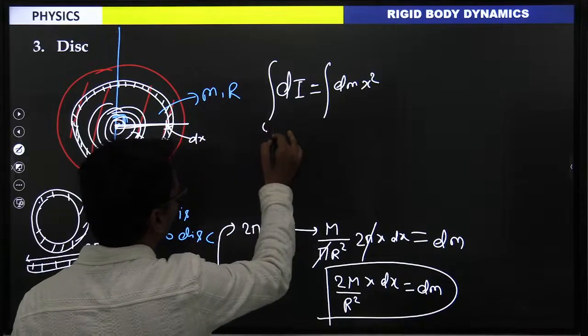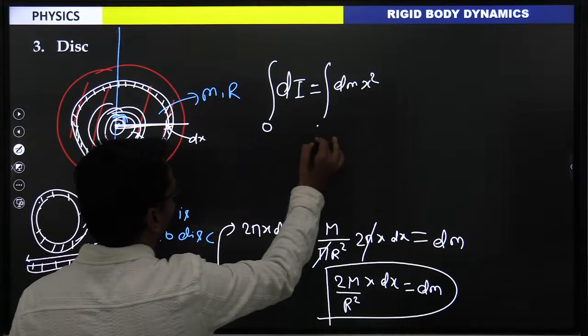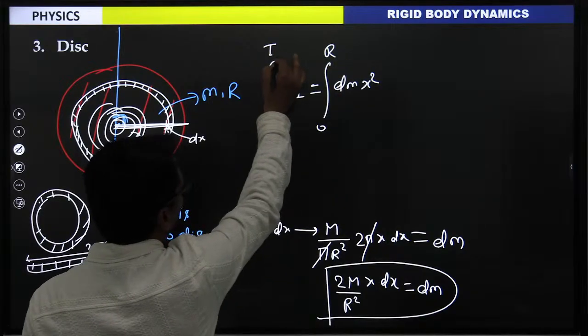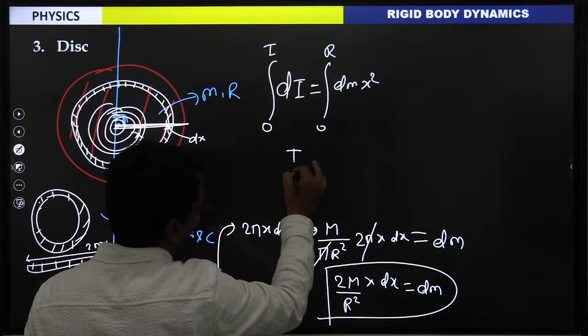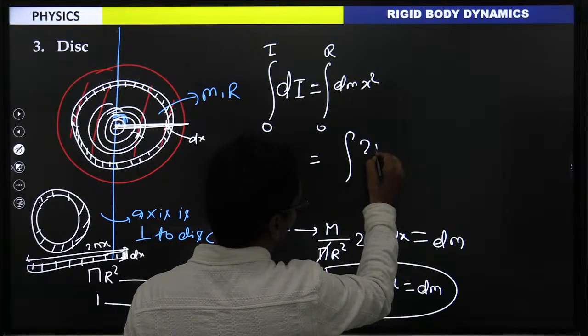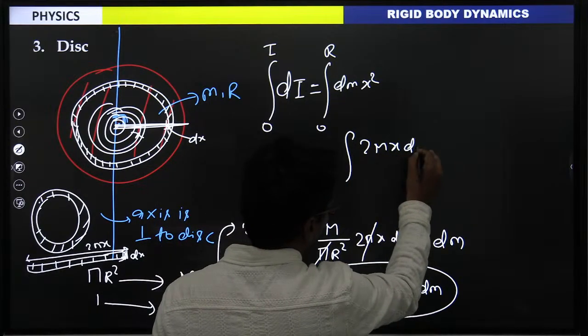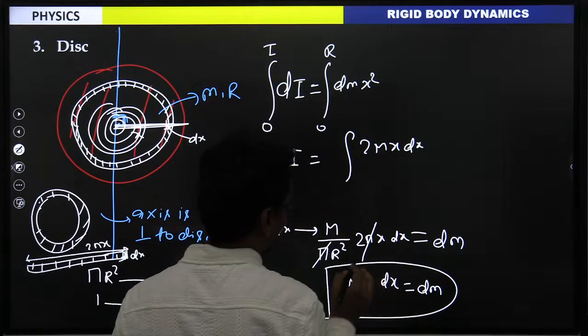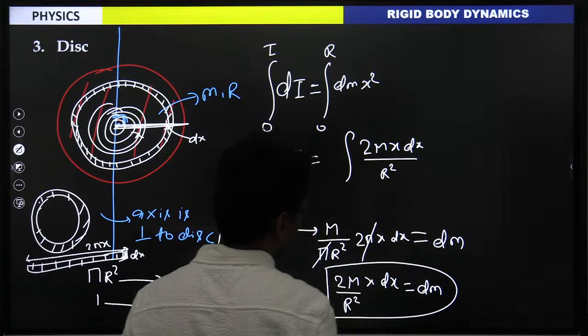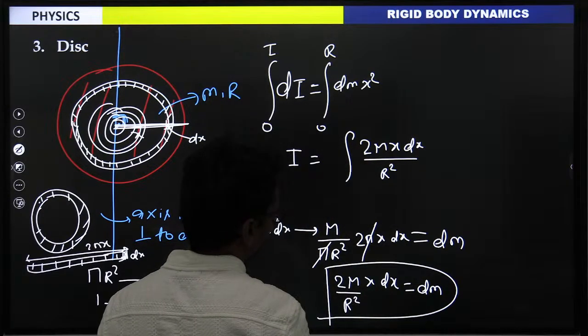So at 0 the moment of inertia is 0, and after cutting from here to here the length covers r, the moment of inertia will be I. So this is I, and what is the value of dm? It is 2mx dx upon r square.